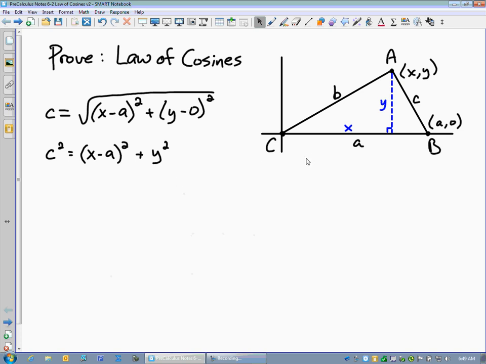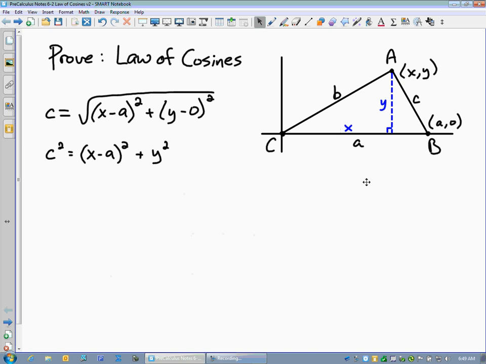What I want you to do is consider this right triangle here. If we look at this right triangle, then I can represent x, since it is the adjacent side with respect to angle C, as the hypotenuse times the cosine of the angle.